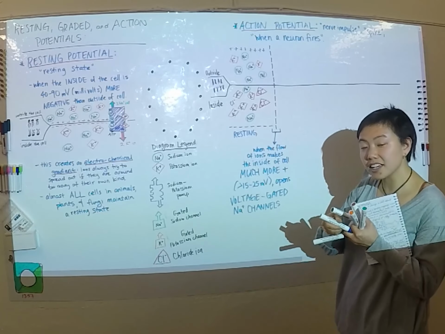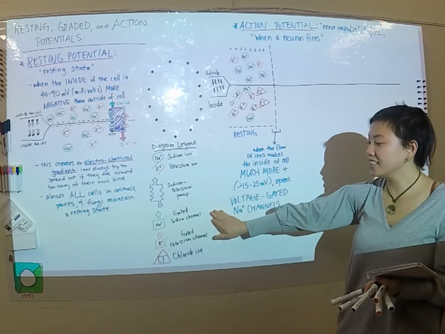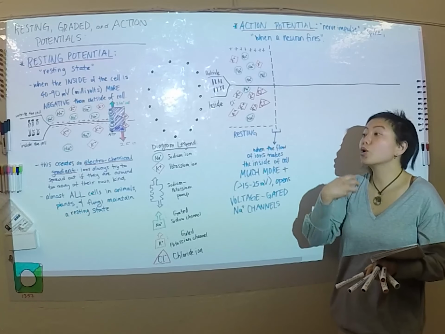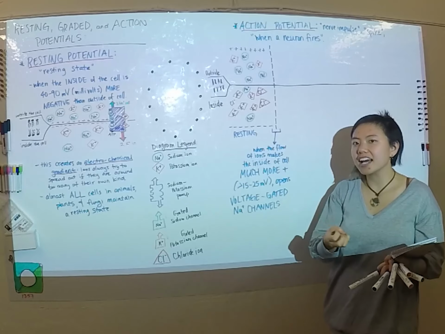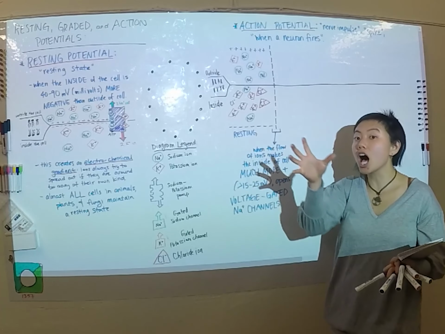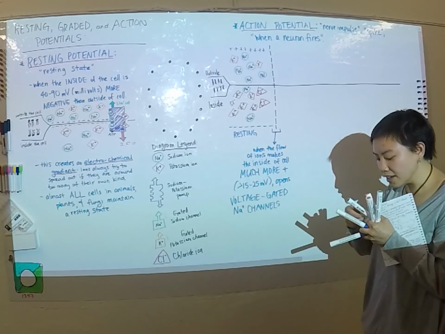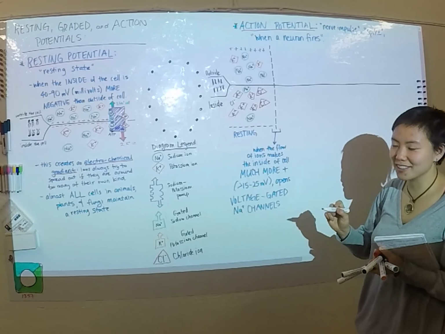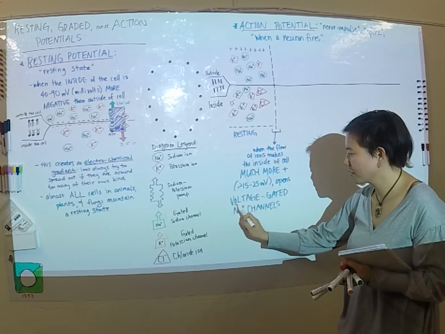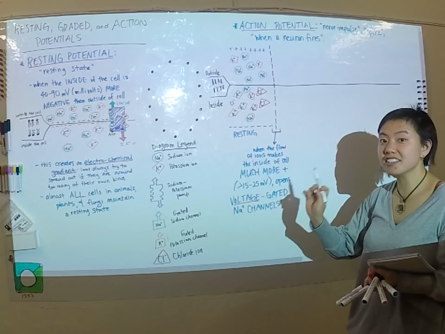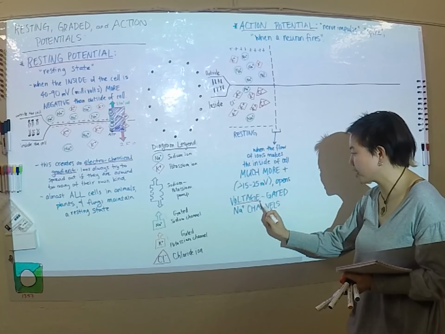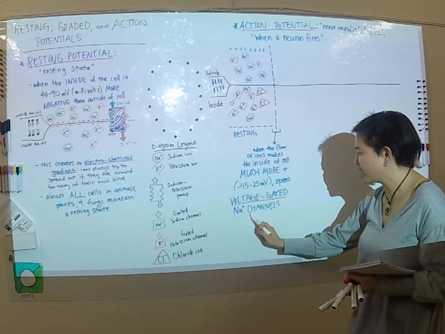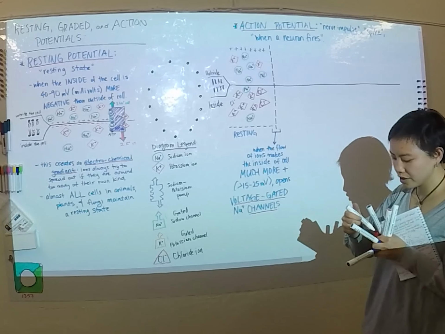Okay, so remember what I said earlier about these gated channels. It requires something to act as a key to unlock them. In the case of a voltage-gated channel, guess what the key is? The key is this change in voltage, okay? So voltage-gated channels.